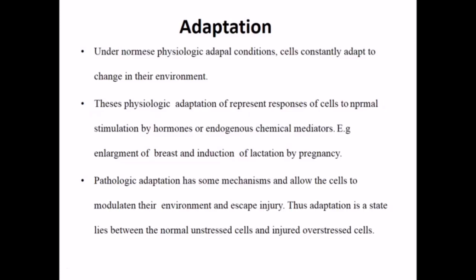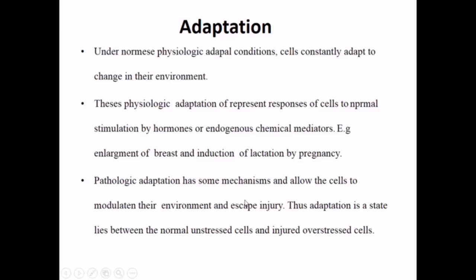Adaptation. We said under normal physiological conditions, the cell adapts to changes in the environment. Physiological adaptation represents cell regulation by hormone or endogenous chemical mediator, like enlargement of breast and induction of lactation by pregnancy.